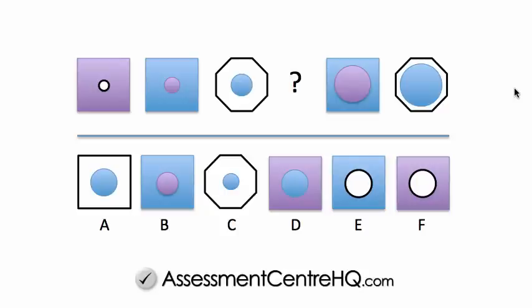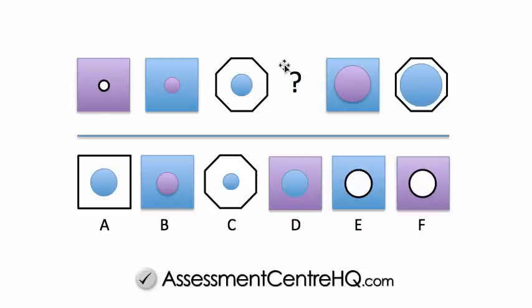But that inner shape also has changes of colour. We have white to begin with, then a kind of purple, then a blue, and then a gap because that's the one we need to figure out. Then we have purple, and then blue again. So the second variable in play here is the colour of the inner shape.